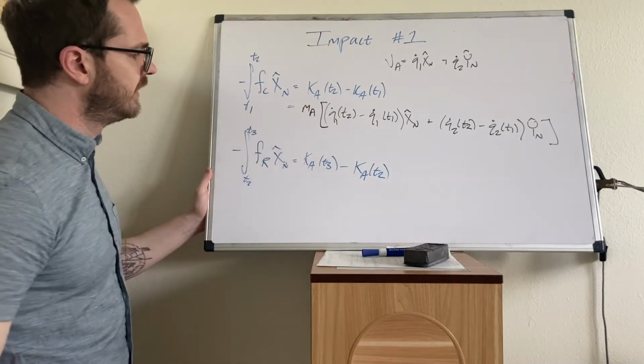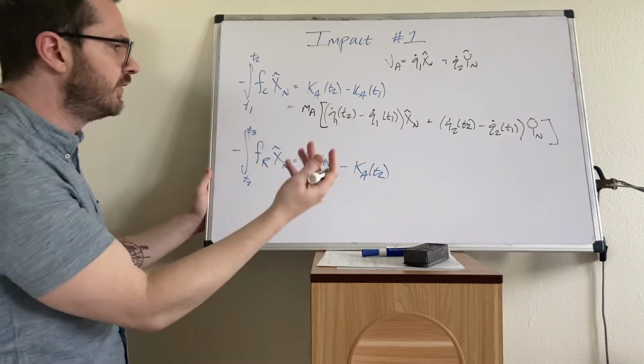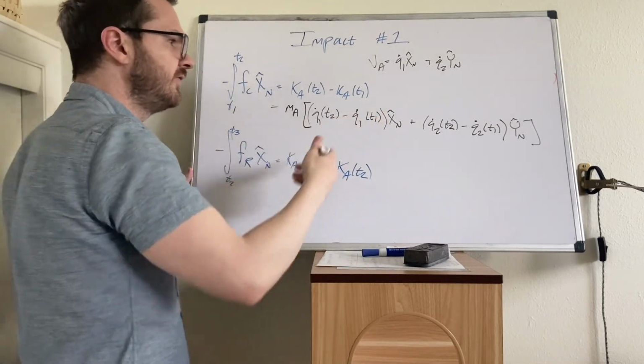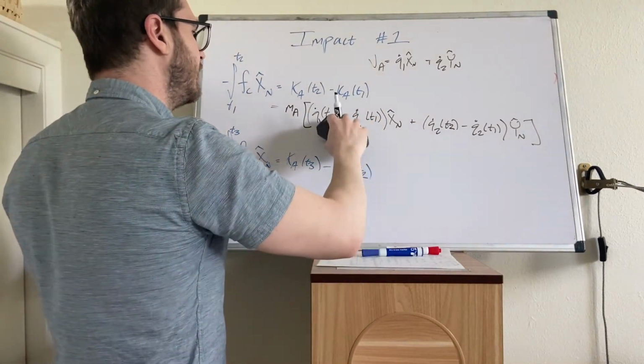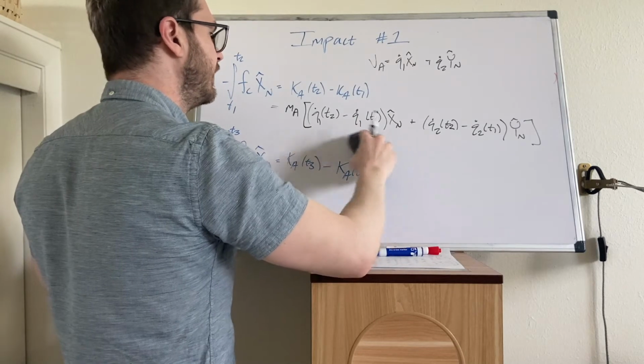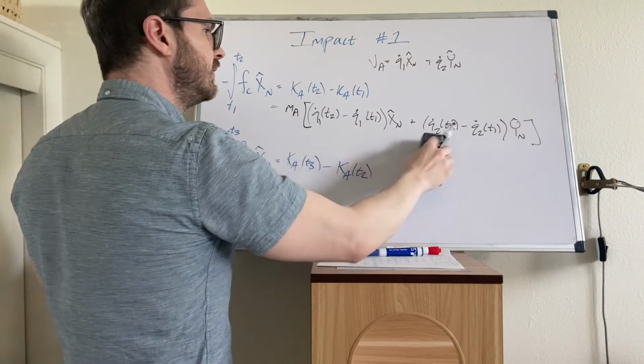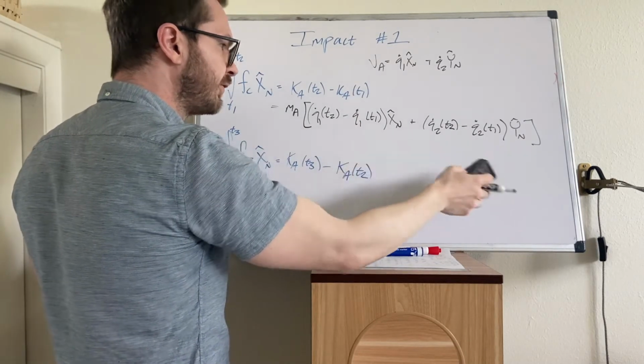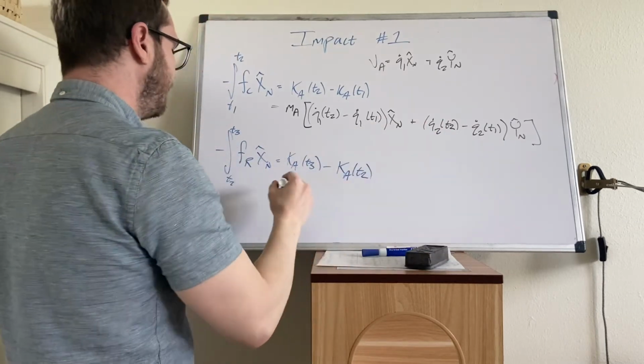It's equal to that. And then the last one, this one's basically the same thing. We just replaced the T2s with, let's see, yeah, T2 is going to become T3 and T1 is going to become T2. There we go.